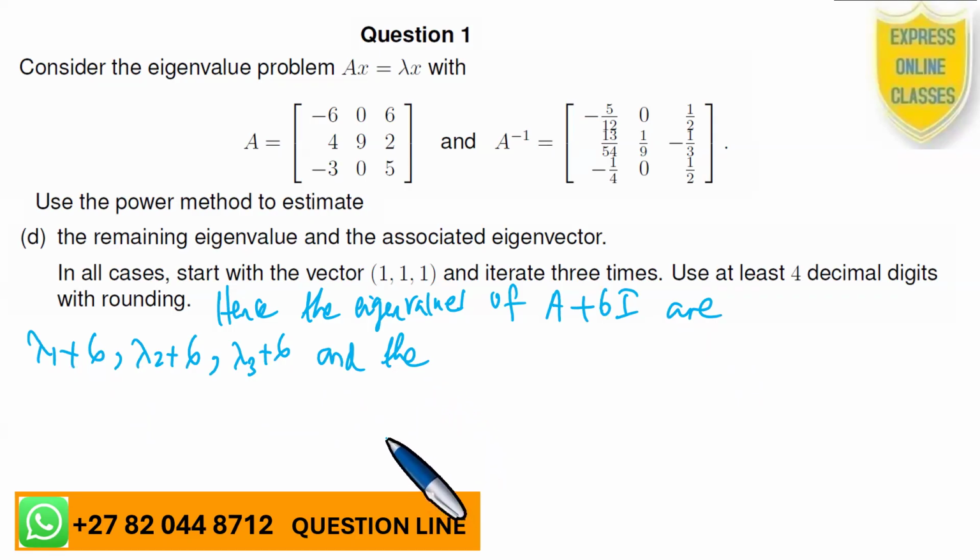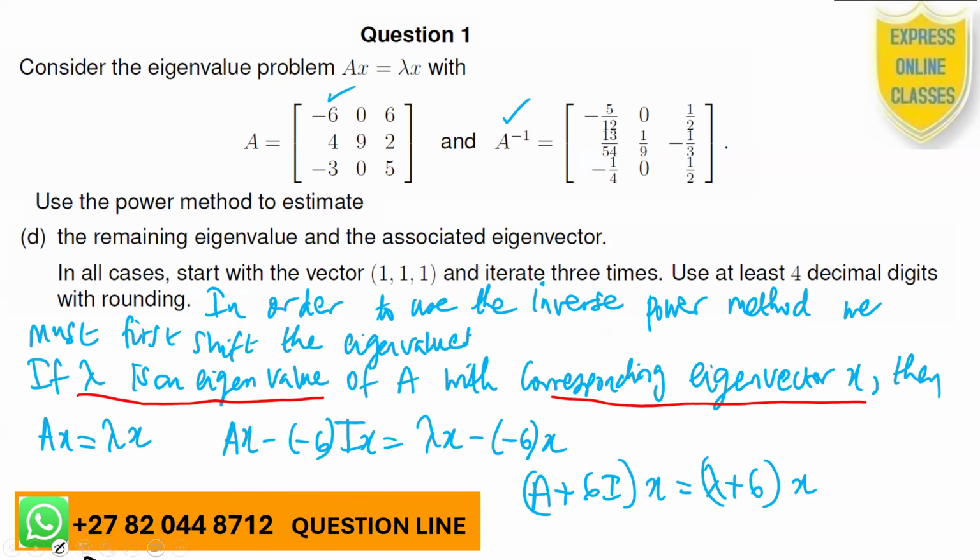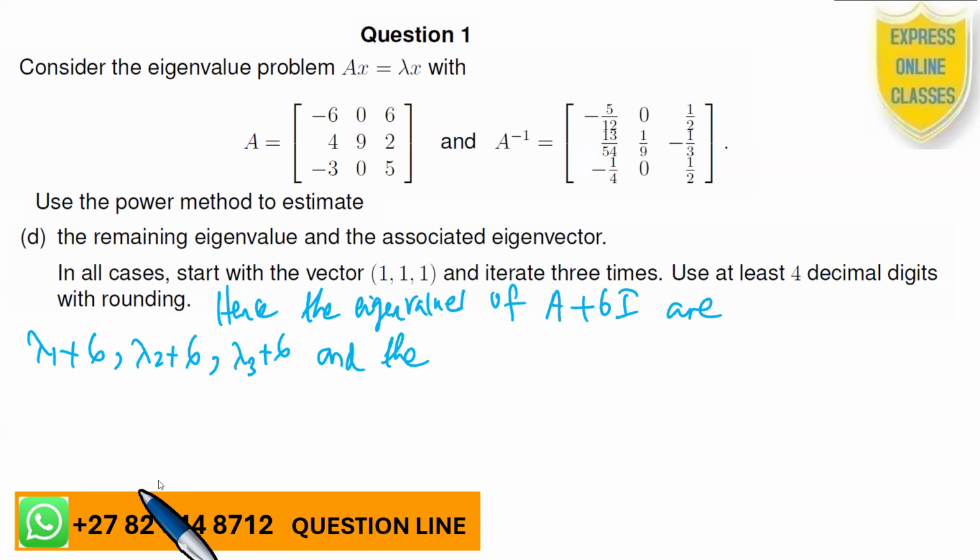So now we are dealing with the eigenvalues of the matrix A plus 6I, and the eigenvalues are lambda 1 plus 6, lambda 2 plus 6, lambda 3 plus 6.